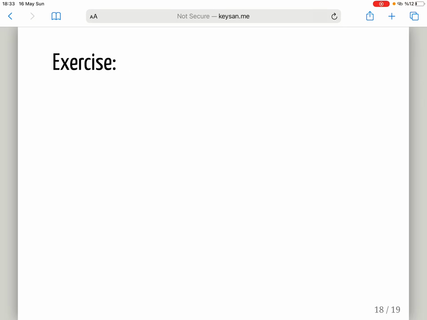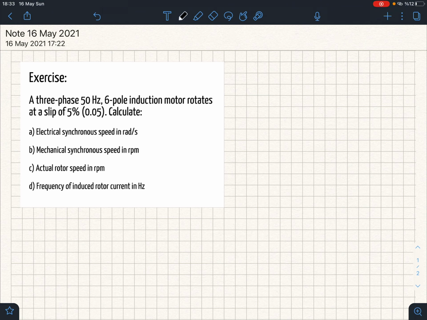So let me solve a really basic numeric example to cover what we discussed. Here we have a three-phase, 50 hertz, 6-pole induction motor that is rotating with a slip of 5%. Sometimes slip is given as 5%, or it is equal to 0.05.